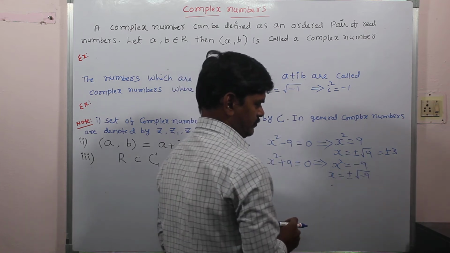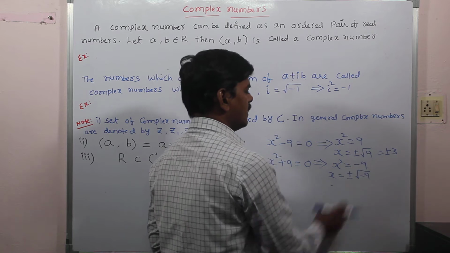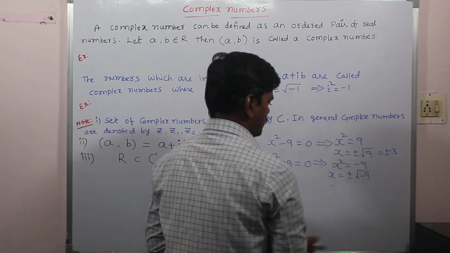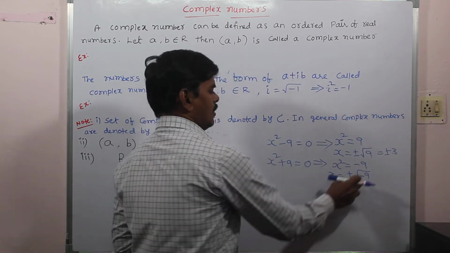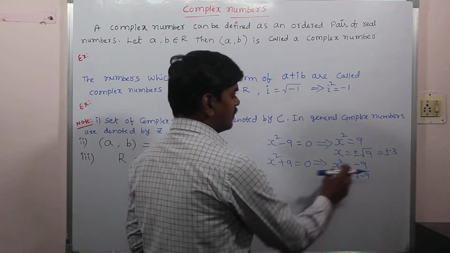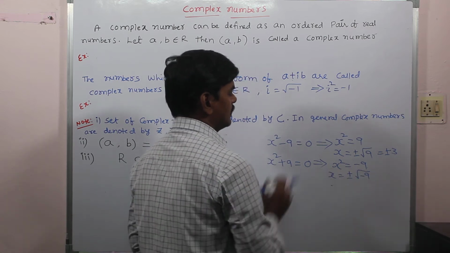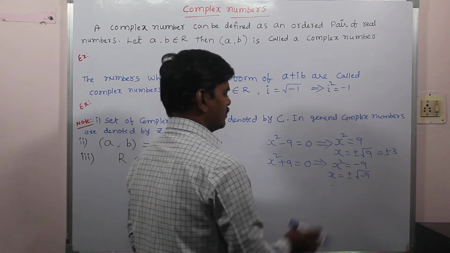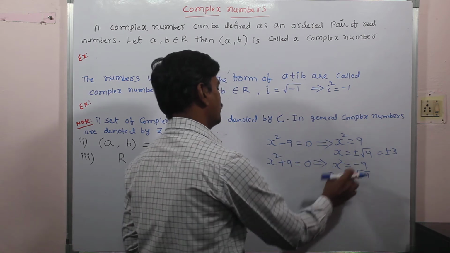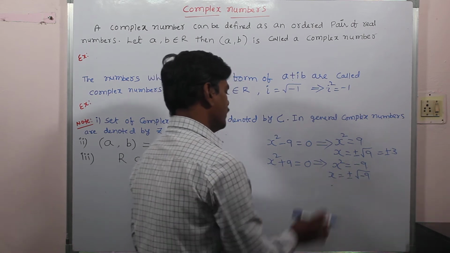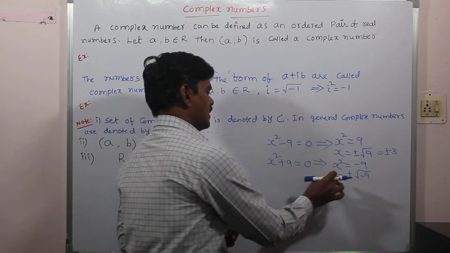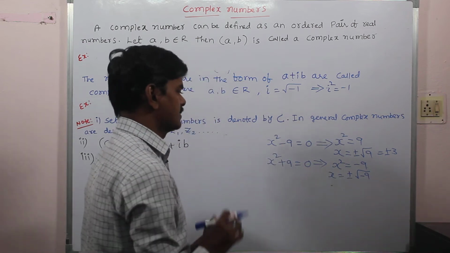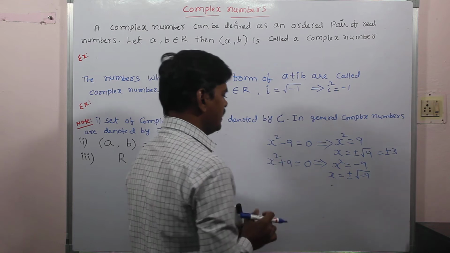No, because 3 square cannot give you minus 9. We already know that a negative real number under the square root is not a real number. So whenever you have a negative real number under the square root, we used to write that a real solution does not exist. In earlier classes we used to write like that.